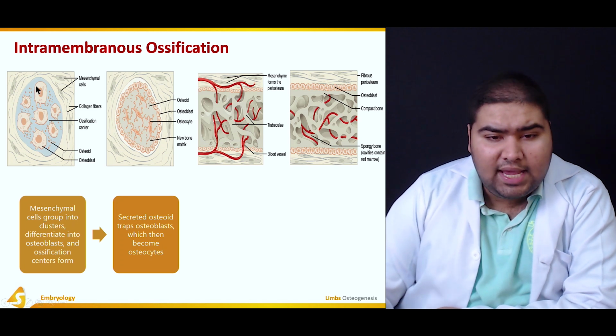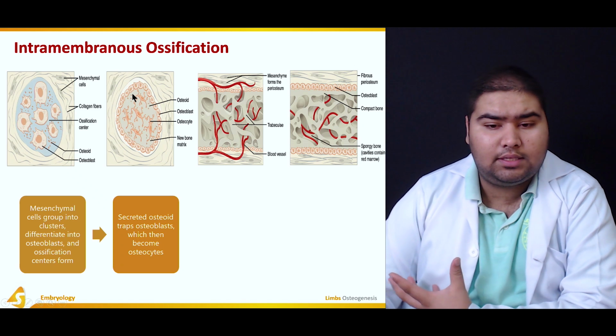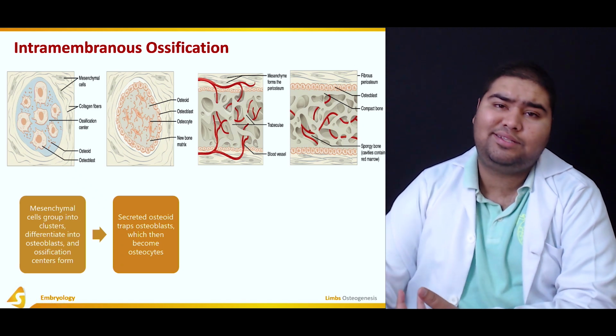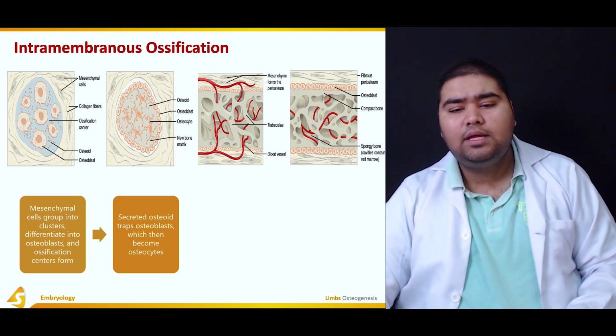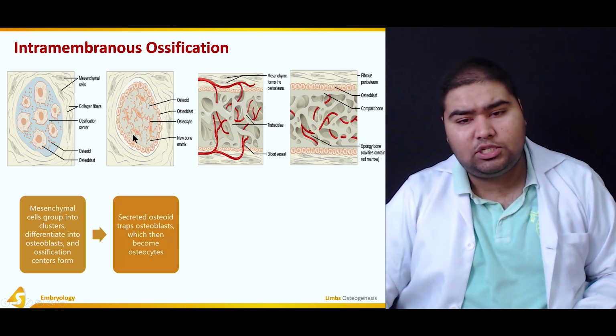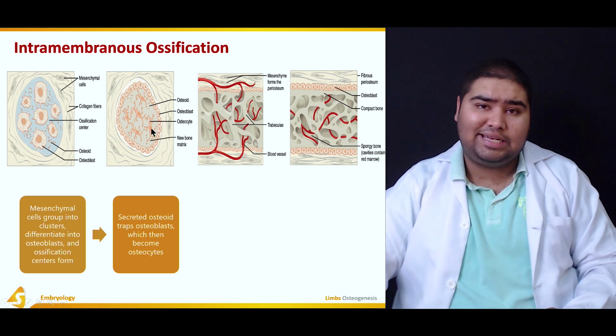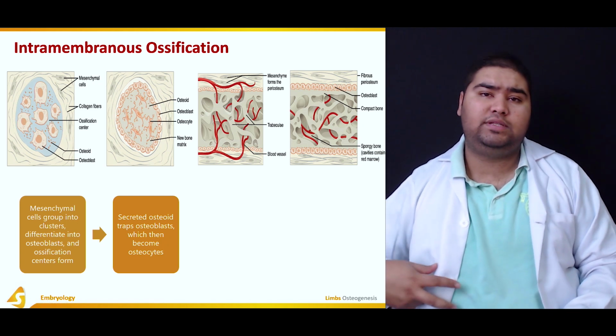Next, these osteoblasts now secrete osteoid. Osteoid is an extracellular matrix that is rich in bone forming materials. Now this osteoblast which has secreted this osteoid has become an osteocyte. Osteocyte is a mature bone cell.